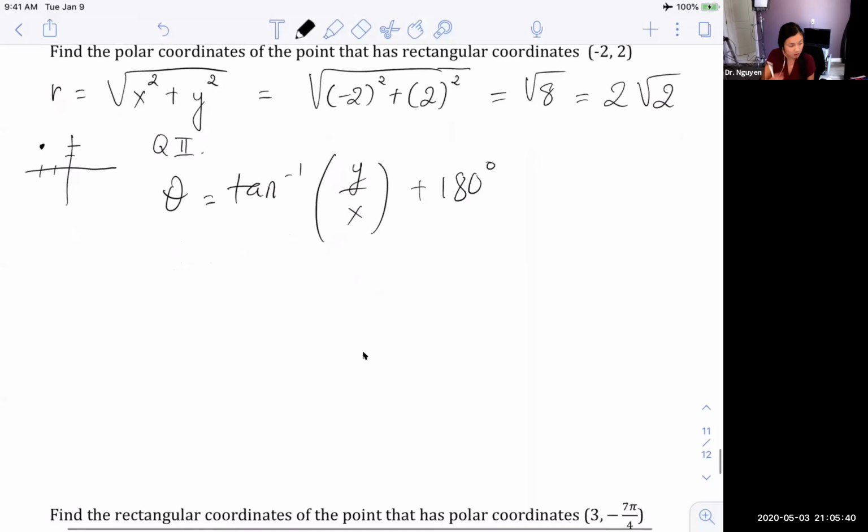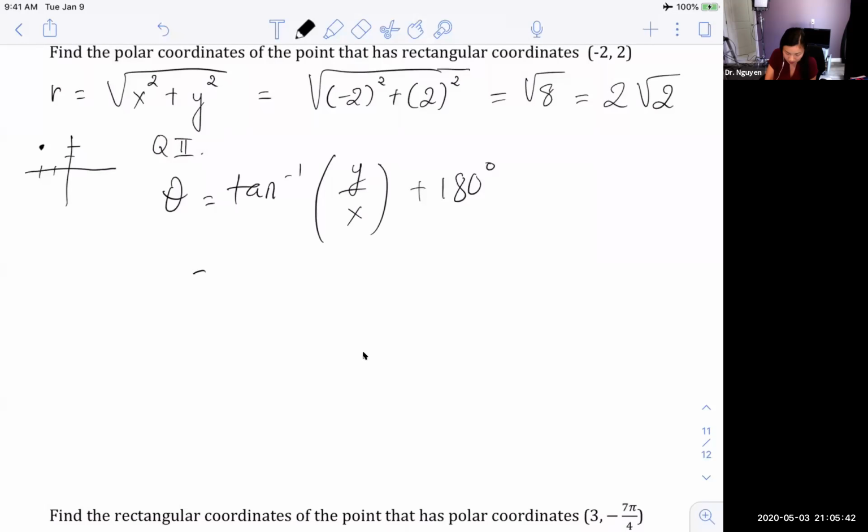You just have to plug it in. Arctangent of 2 over negative 2, plus 180.